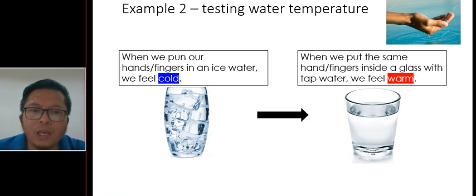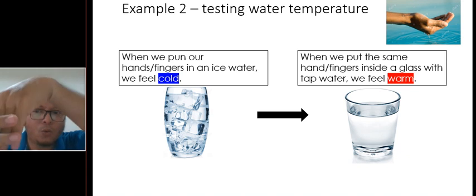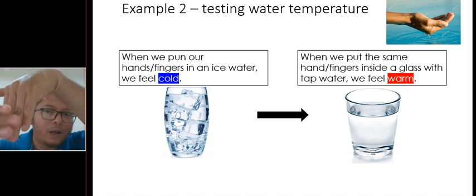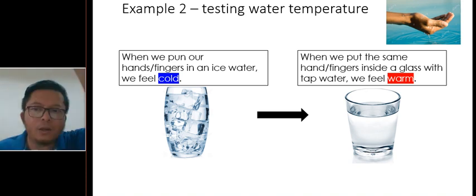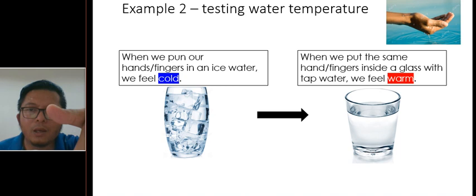When we put the same hands or fingers inside a glass with tap water, we'll feel warm. Get your hands, put in ice water, oh, it's cold. When you take out your hand and put in tap water, it will feel, oh, it's warm. Tap water is warm.